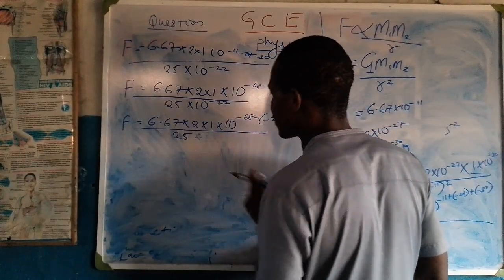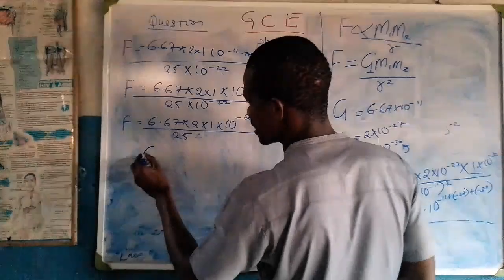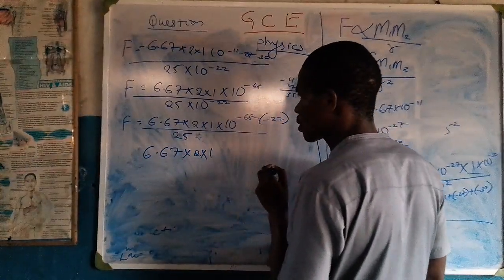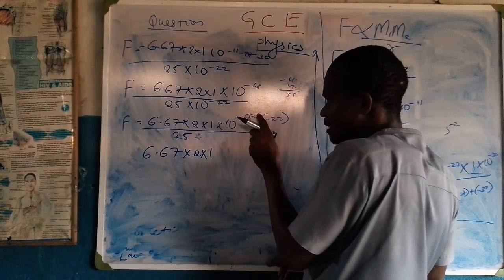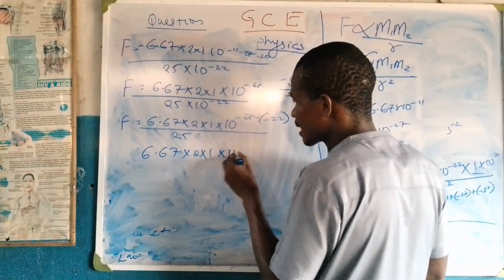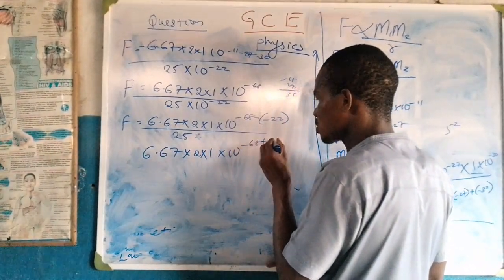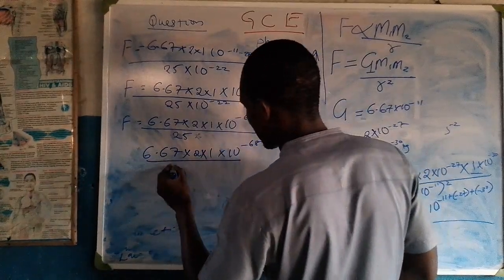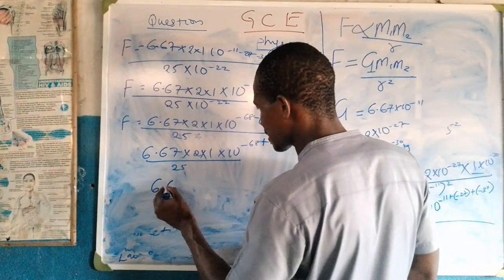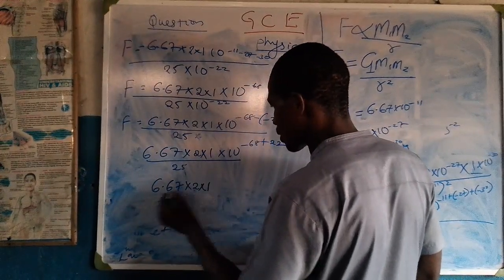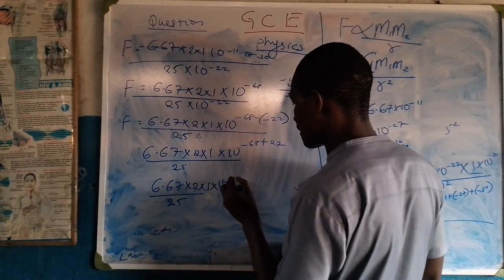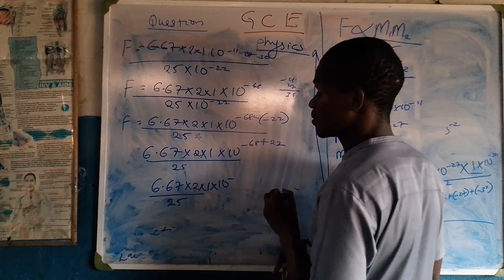Minus 68 minus minus 22: minus times minus gives plus, so I'm going to have 10 raised to the power minus 68 plus 22, divided by 25. Now, what are we going to have? 6.67 times 2 times 1 all over 25 times 10 raised to the power minus 46.